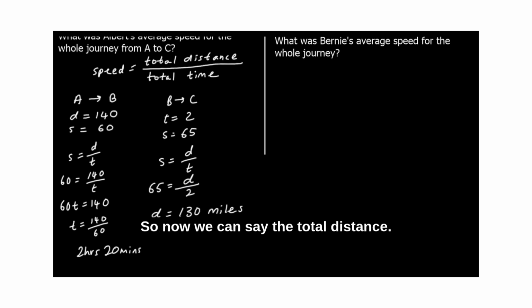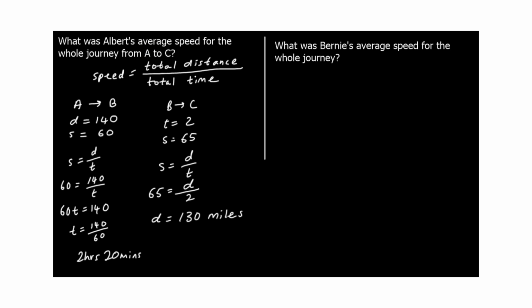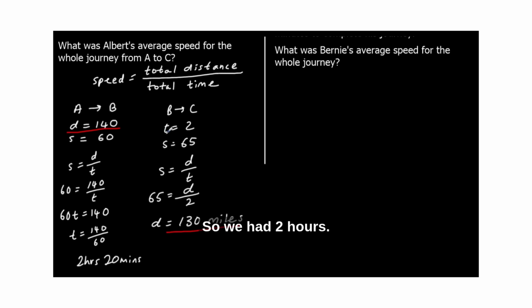So now we can say the total distance, so from A to B was 140 miles. From B to C is 130 miles. So we can add them up for the total distance. And the total time, so we had 2 hours and 2 hours and 20 minutes.